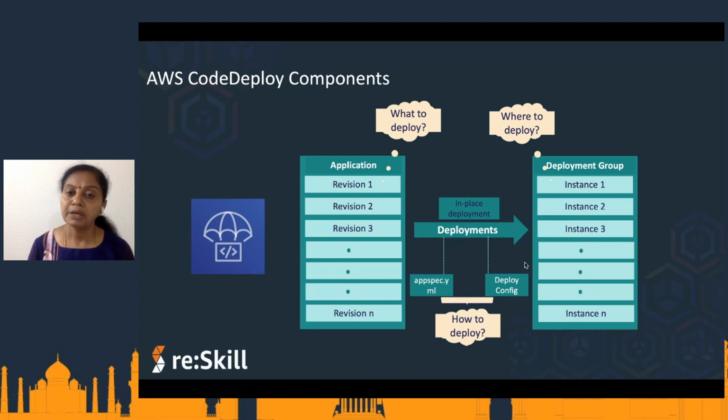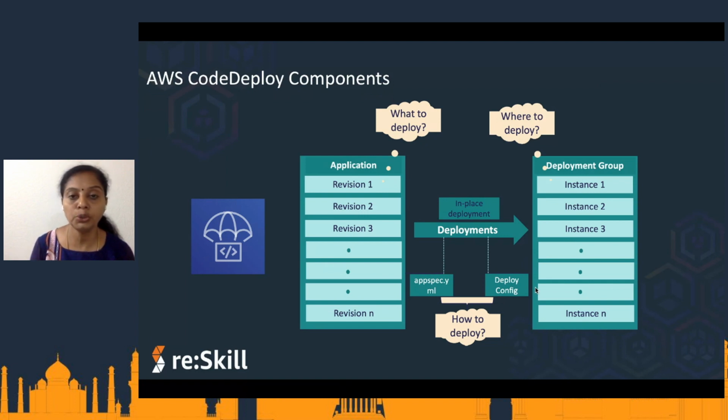Now coming back to the deployment config, it specifies how the user experience should be. Should we bring down the entire application by having a specified downtime? It could be 10 minutes or 20 minutes of downtime as per the SLA defined with the customers. Based on that, this deployment config can be configured.